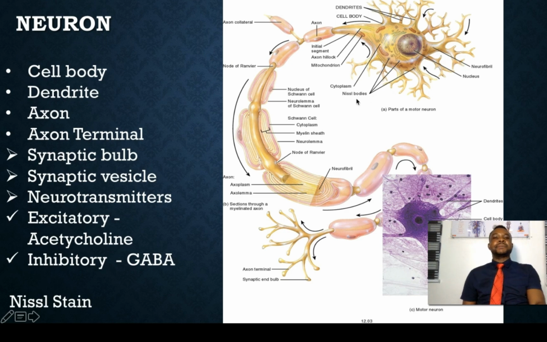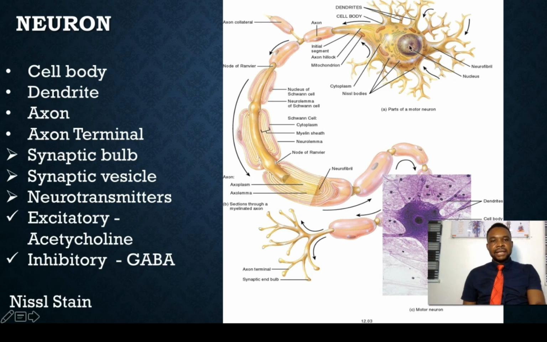The Nissl body is a special organelle found in the neuron that is not in the normal cell. After the cell body, you can see three structures coming out of the cell body. These are called dendrites. They are short branched processes.